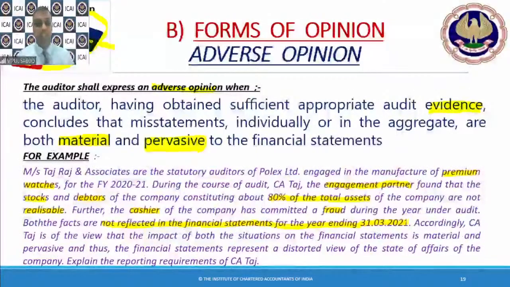So accordingly, CA Taj is of the view that the impact of both the situations on the financial statements is material and pervasive, and thus the financial statements represent a distorted, meaning untrue and unfair, view of the state of affairs of the company.